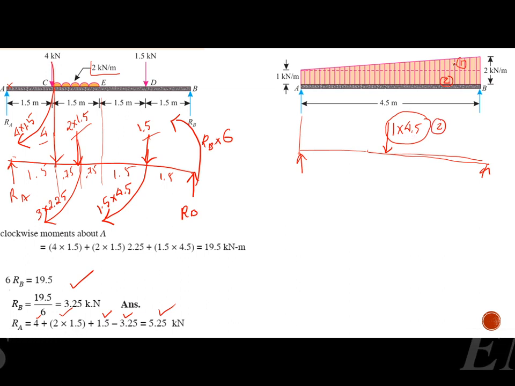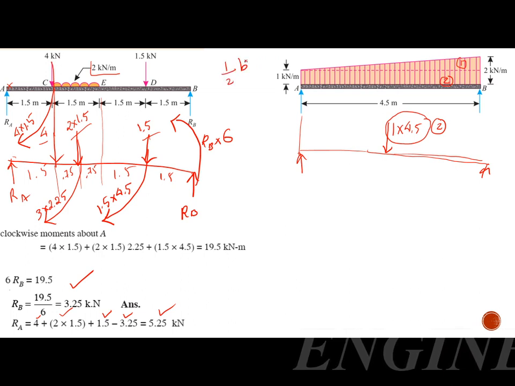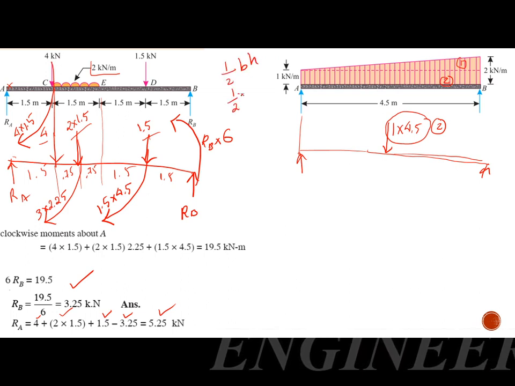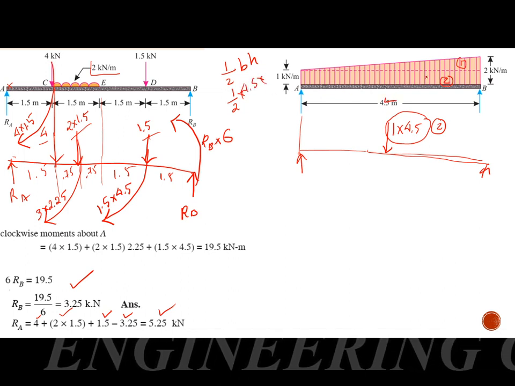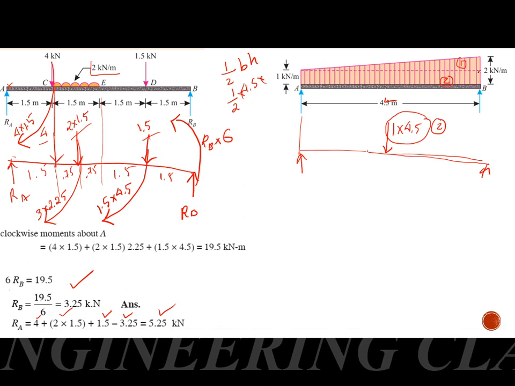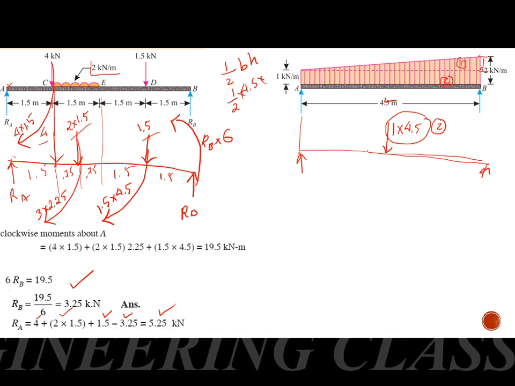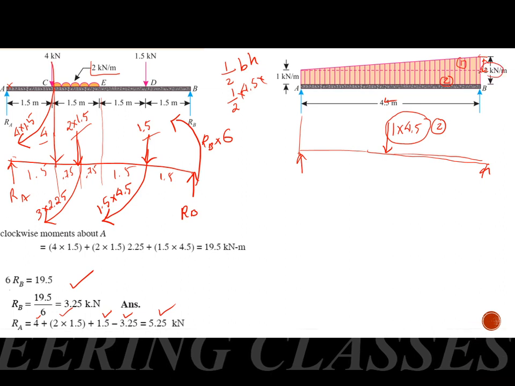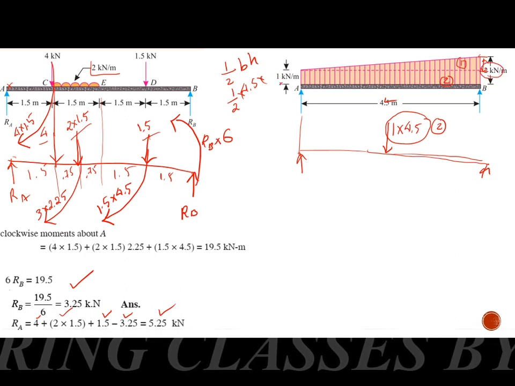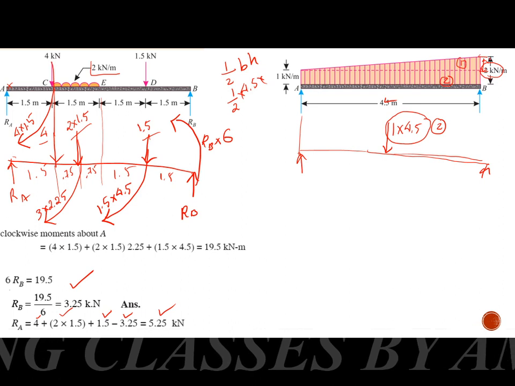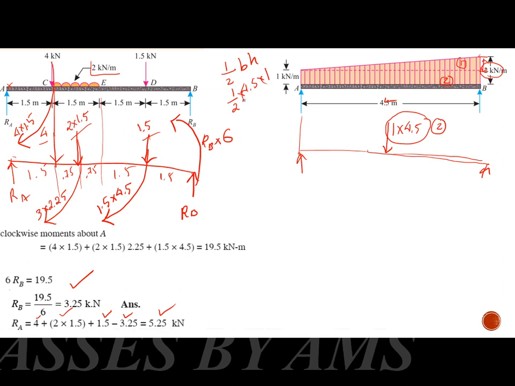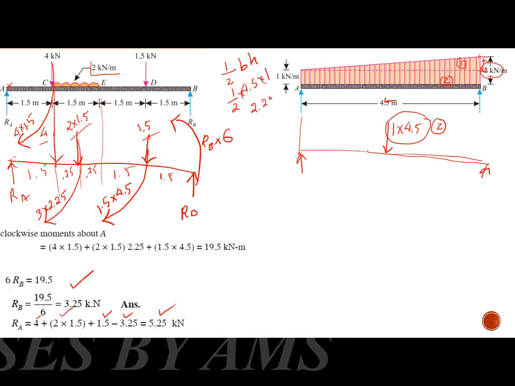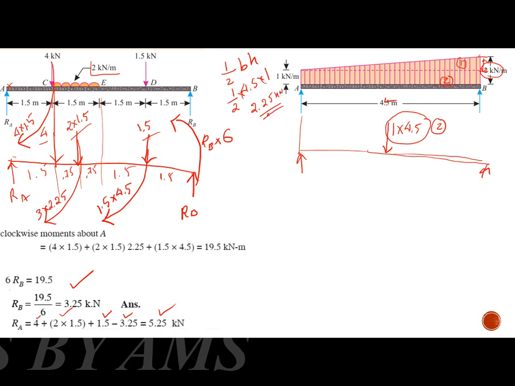The first force, its value is given by the area of the triangle, half BH, where base equals 4.5 and height equals, we will be analyzing this much portion only. The total height is 2 kilonewton and up to this it is 1 kilonewton. So we analyze only 1 kilonewton, so height is equal to 1. So its value will be 2.25 kilonewton, the intensity of this load.